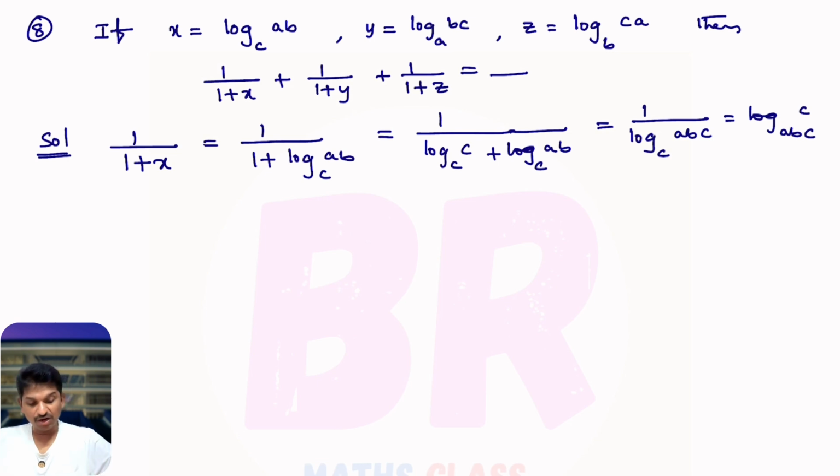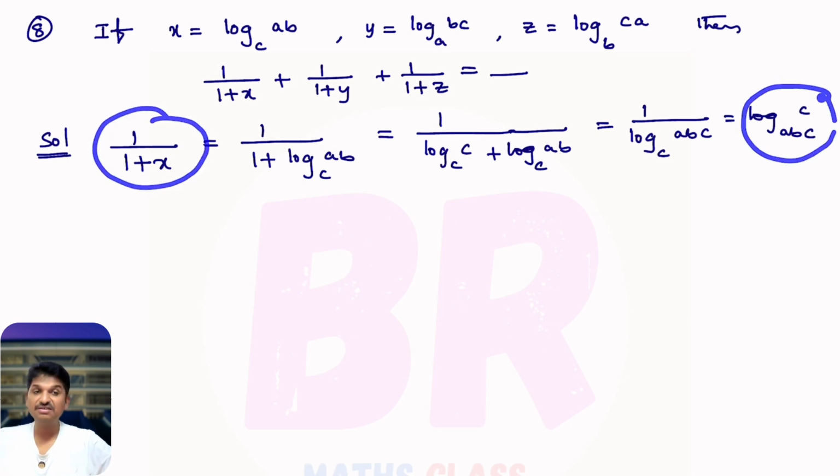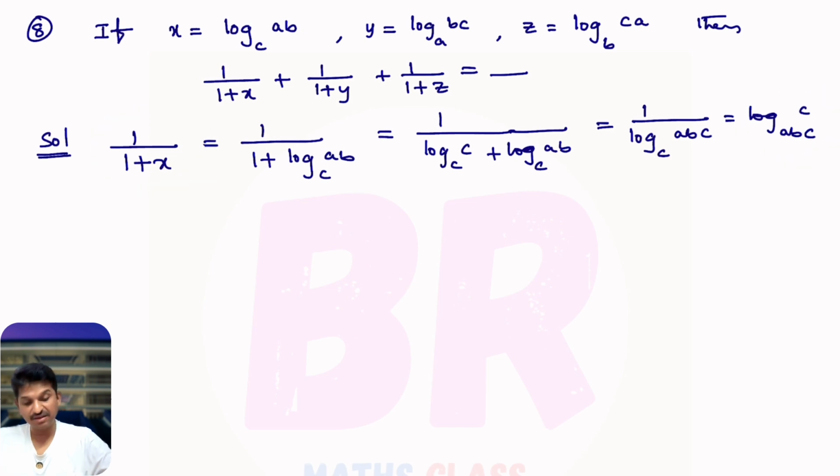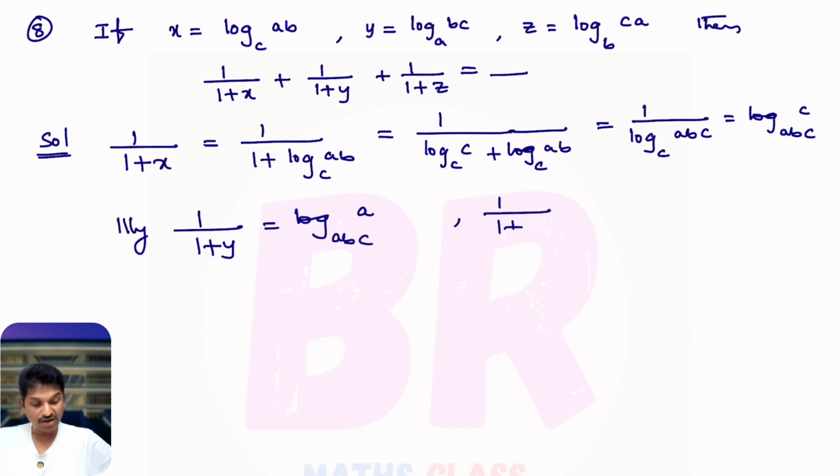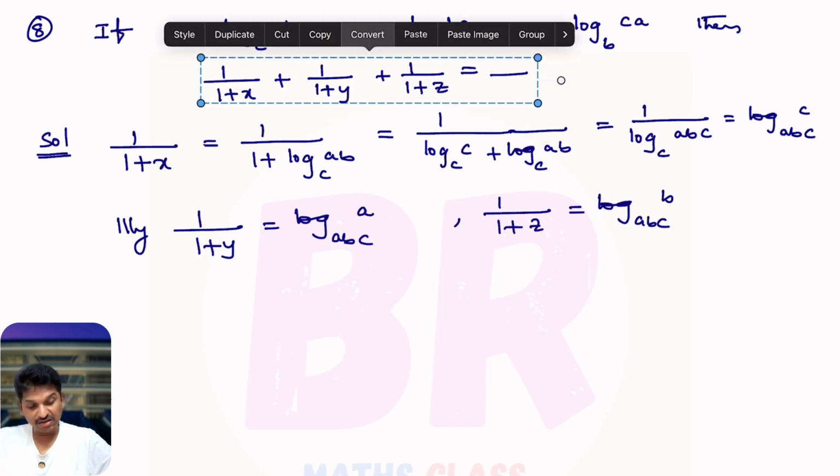So 1 divided by 1 plus x is log C base ABC. Similarly, when you try this 1 divided by 1 plus y, you will get log A base ABC. When you calculate 1 divided by 1 plus z, you will get log B base ABC. You just check it. Okay, I need to calculate this value.